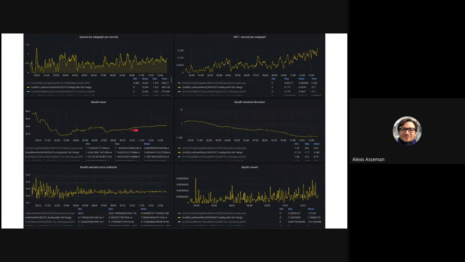It's slowly going up, and the standard deviation is going down because that's the agent being quite confident about its pick. And we can see also, so that's linked to the standard deviation, that the sampled values are narrowing down over time. And we can see also probably the metric you're most interested in, the GRT per second we're making is going up over time. So yeah, that's a good result.